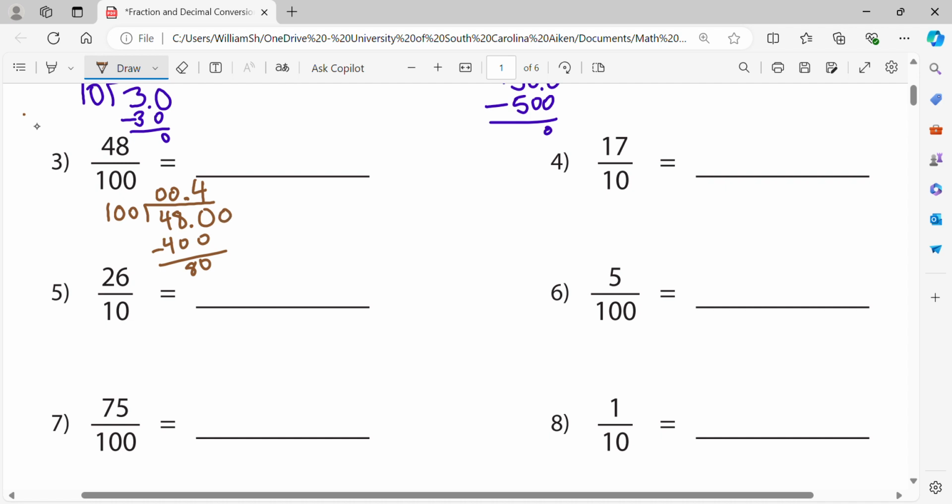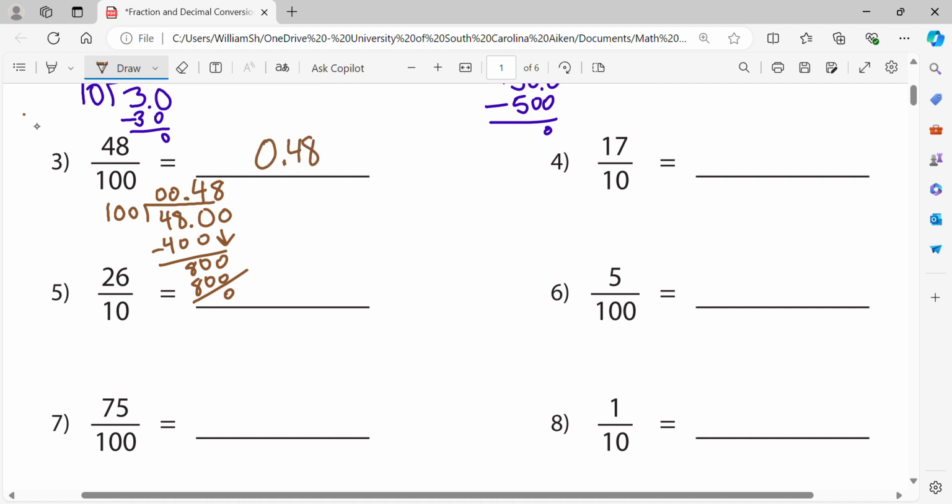So I'm going to add an additional 0, and I'm going to bring it down. Now 100 goes into 800 how many times? 8 times. Okay, and that will completely zero it out here. So our answer here, 48 out of 100, is 0.48.